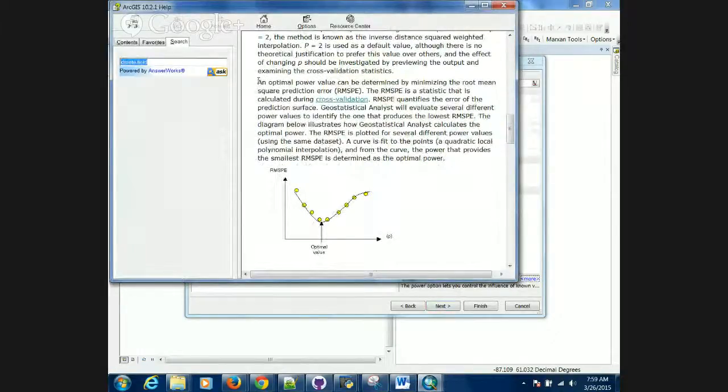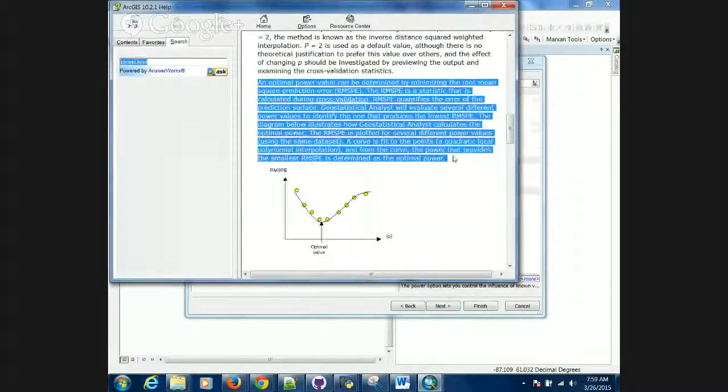And this is the help on what it's doing. It's basically fitting a curve to the RMSE values as it does its prediction. So it does a prediction, and it holds out some of the values, and then sees how different those values are from the curve using different values for the power.